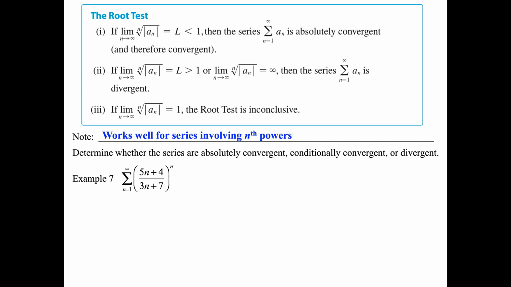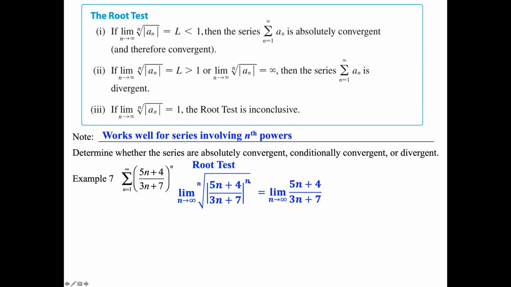All right, so let's determine whether the series are absolutely convergent, conditionally convergent, or divergent. Here's this fraction raised to the nth power. Hint, hint, root test. So we're going to take the limit as n approaches infinity of the nth root of the absolute value of our sequence function fraction, 5n plus 4 over 3n plus 7, all to the nth power. Well, again, the nth root and the power of n will cancel each other out.